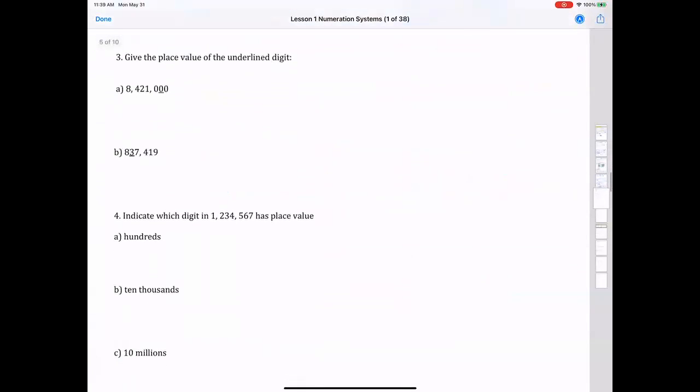Okay, let's go to number 3. Give the place value of the underlined digit. Let's start off with letter A. So that's correct. That's a tens. This one: ones, tens, hundreds, thousands, 10,000s. That's the place value of that.